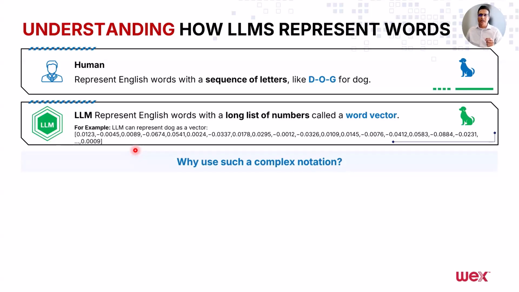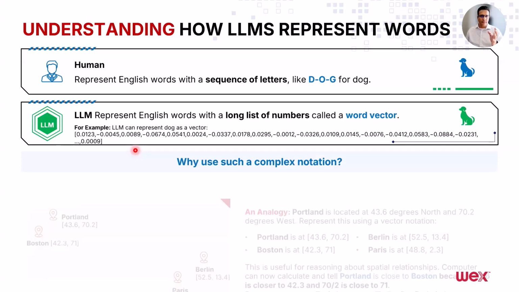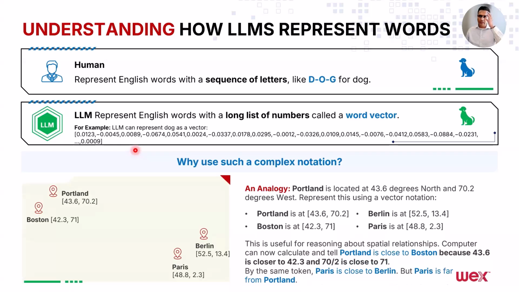The closest analogy I could think of to explain this is a geographical map. Let's say this is the simplest geographical map. There is this place called Portland, where our WEX headquarters is. Portland on a geographical map is represented by longitude and latitude.